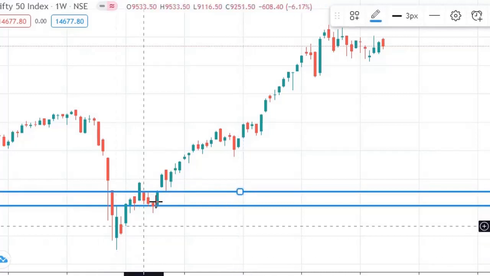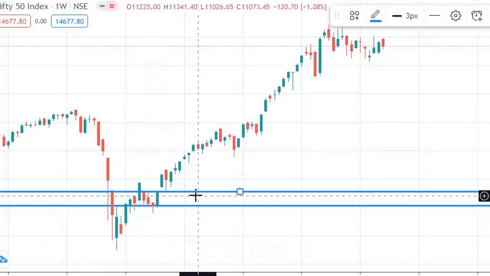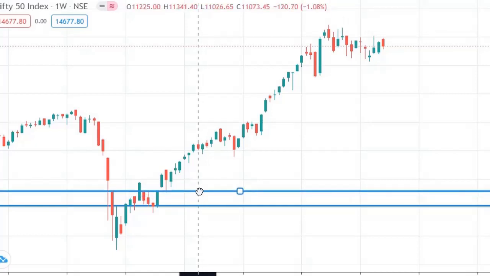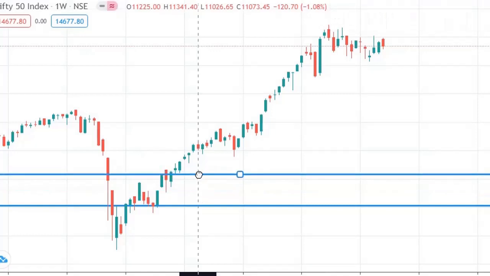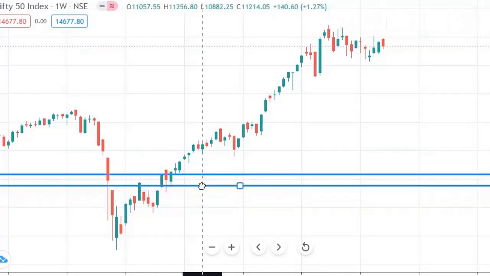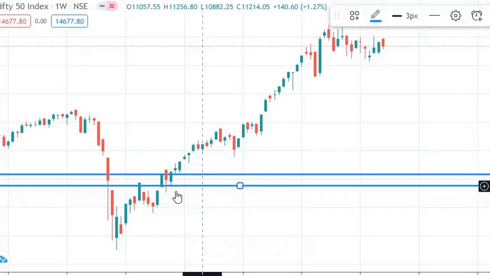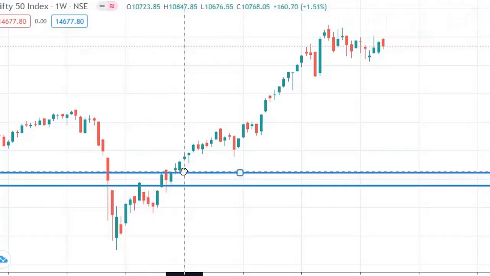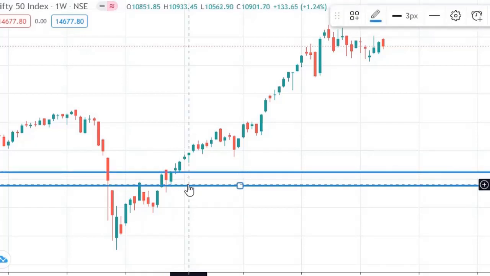So this pin bar was inside it, so it doesn't matter. Also this green bar was inside it, doesn't matter. Now this green bar closes above it. Now you can see this red bar closed inside. Now this green bar closed up, marking high and low.